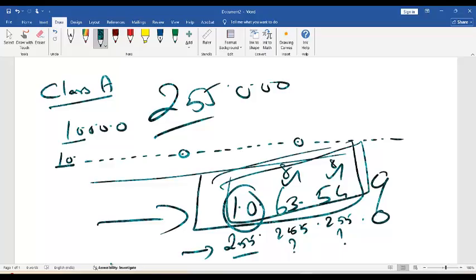This is classless. They have gone beyond the boundary of class A. Class A boundary is only 8-bit, but here we see 24-bit, which means they have gone beyond.